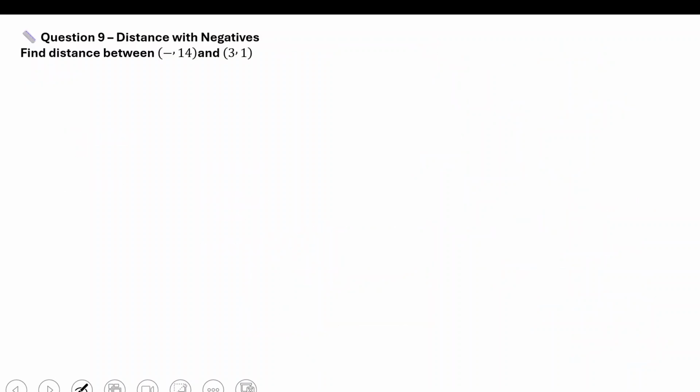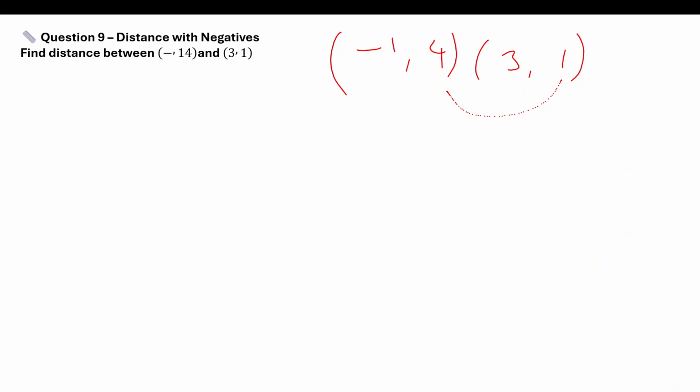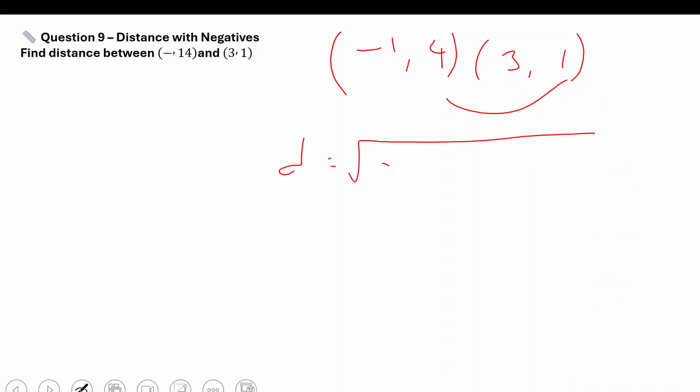Okay, so distance with negatives. Find the distance between, again, minus 1, 4 and 3, 1. So these are the coordinates. The distance between the two of them is, sorry, distance equals the square root of y2 minus y1 all squared plus x2 minus x1 all squared.